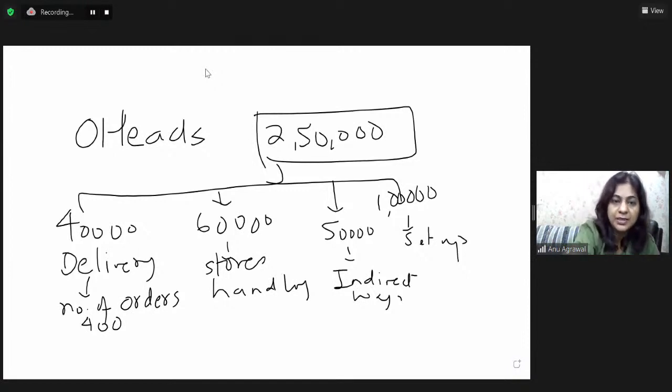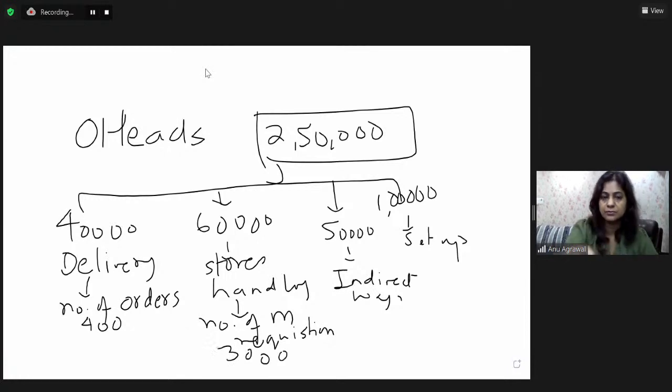That means the reason behind store handling was the number of material requisitions, and let us say this is 300 requisitions.